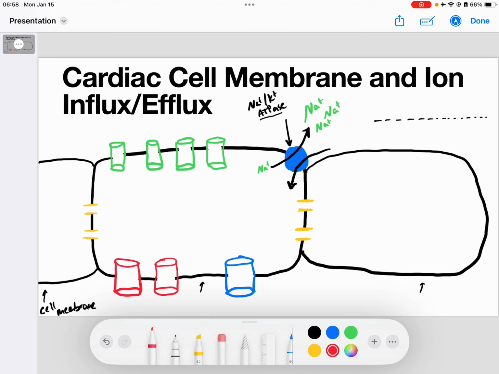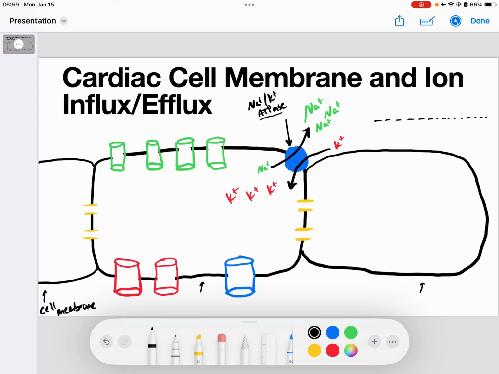And then it takes potassium from outside of the cell and pumps it into the cell, so that we have more potassium in the cell than out of the cell. What it's doing is establishing a gradient of more sodium out and more potassium in the cell. And that's going to play a role in how we understand this action potential.